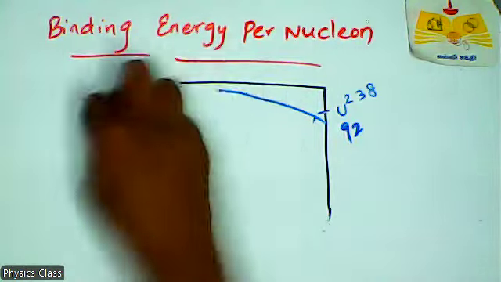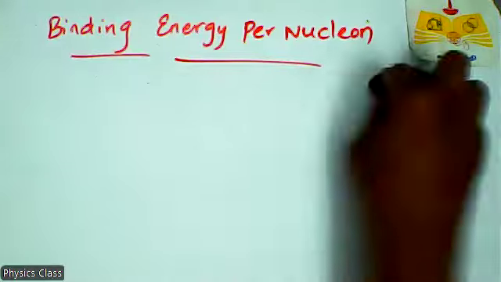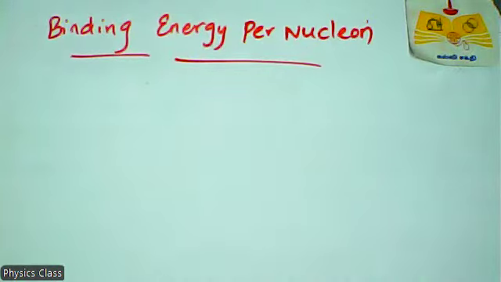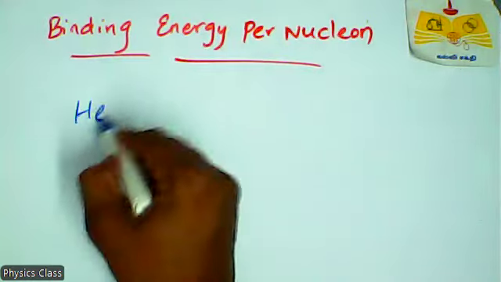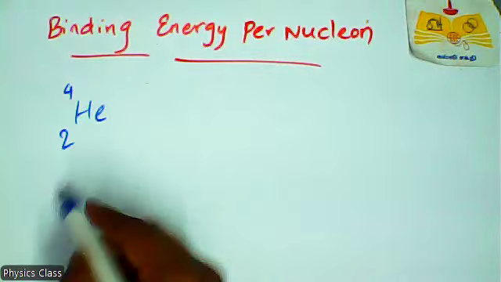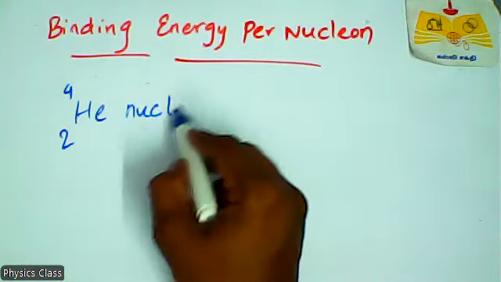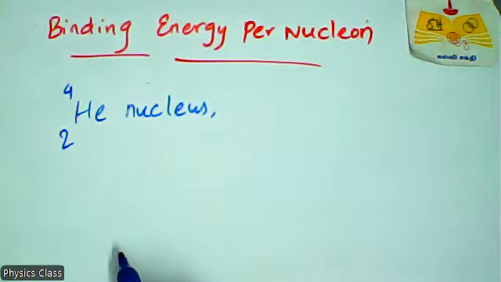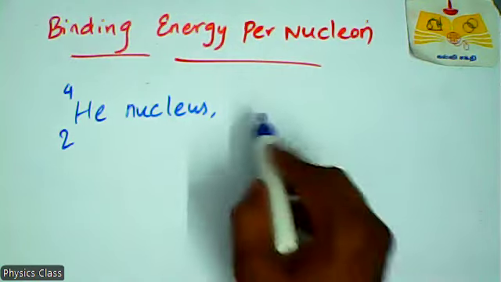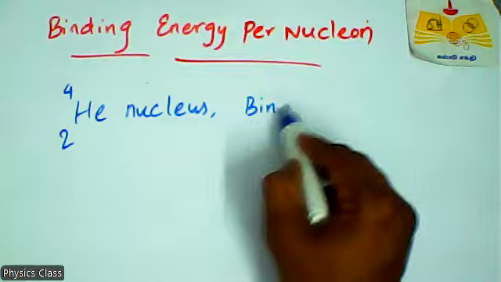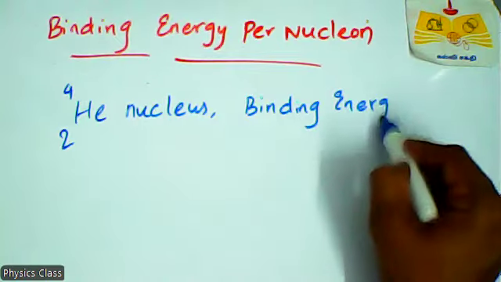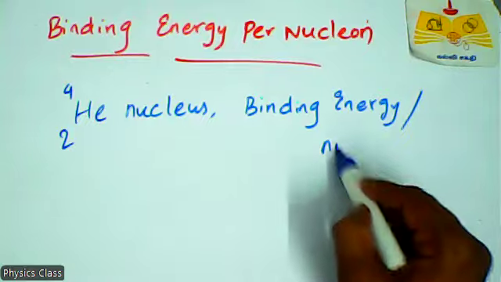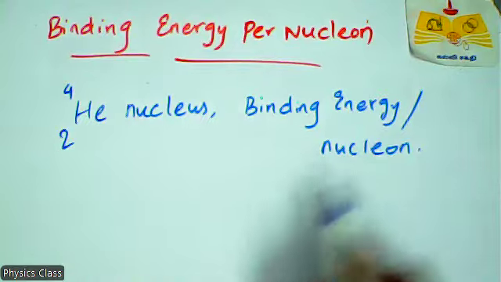Let me explain this concept with one example, binding energy per nucleon. For the helium-4, 2 nucleus, the binding energy per nucleon is found as follows.